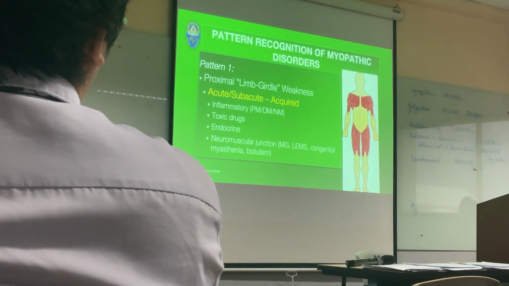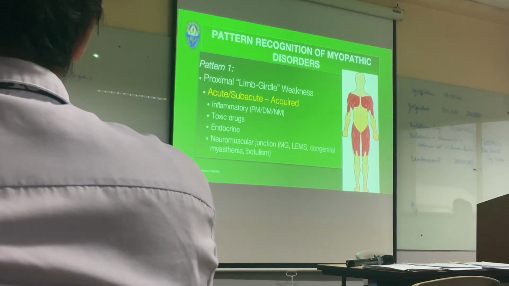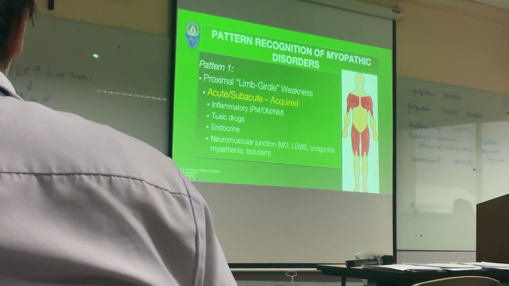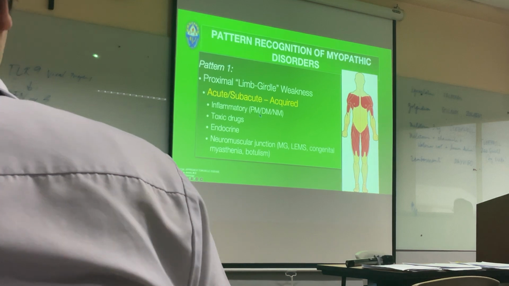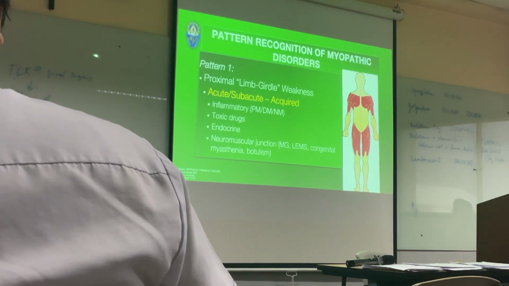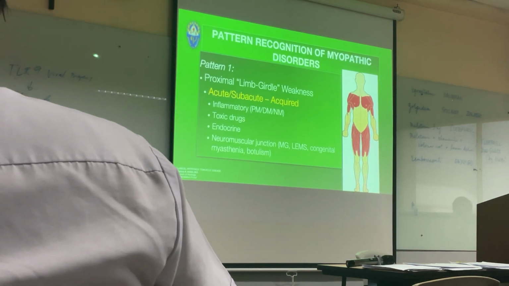So, proximal limb girdle weakness, which can be acute, subacute, and acquired. Among the more common ones would be the inflammatory polymyositis, dermatomyositis. Okay? So, the proximal muscle weakness, proximal. Clear?